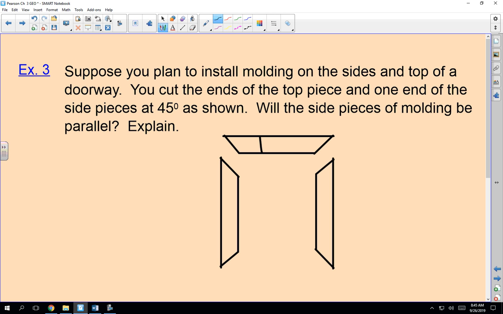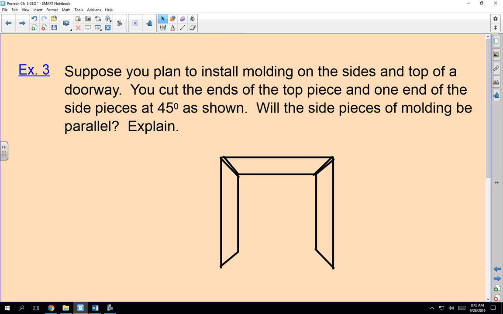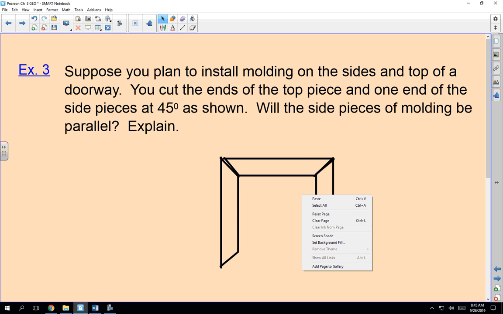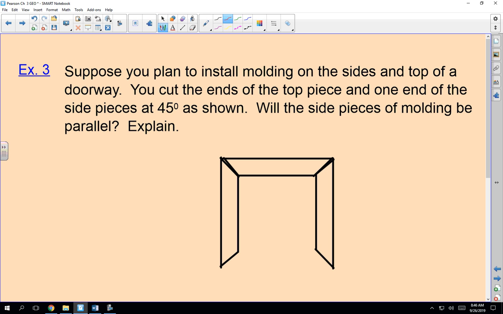So if I move that in right there, it's not the best, but I've got 45s right here and here, and those two 45s are going to make that 90, right? Same thing over here. This is why we got 45. So 90 over there.